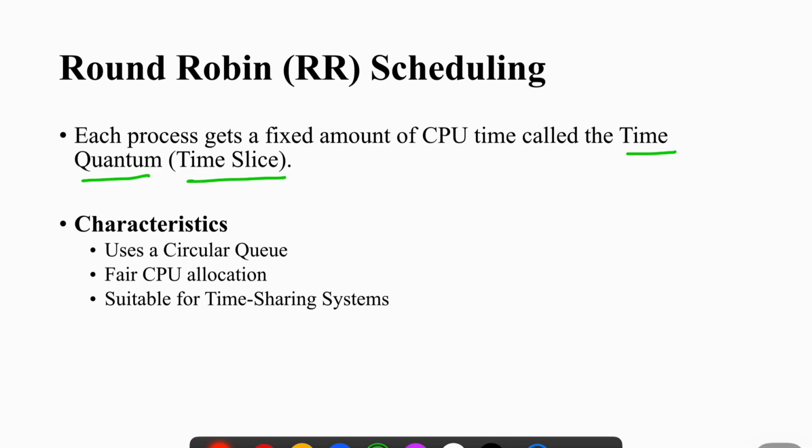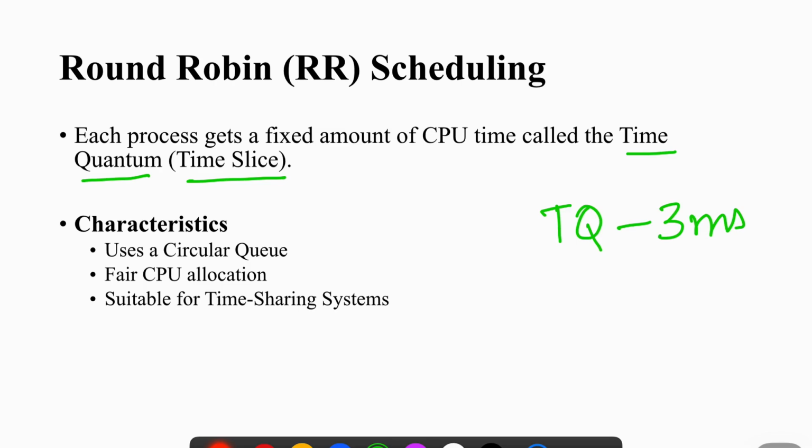This time quantum or time slice is a fixed amount of time given to each and every process. Suppose in an example, we say the time quantum, I'll just write it as TQ, is 3 milliseconds.